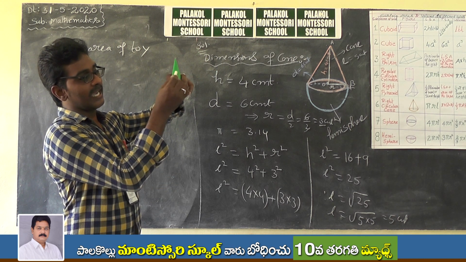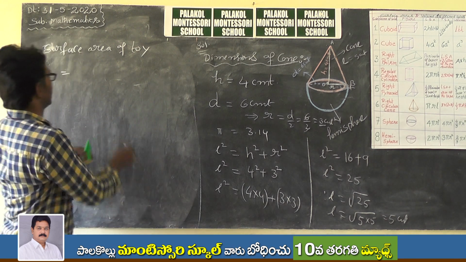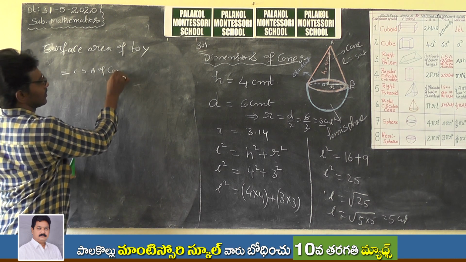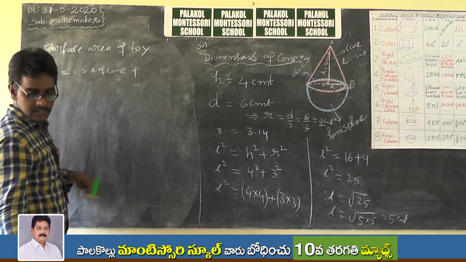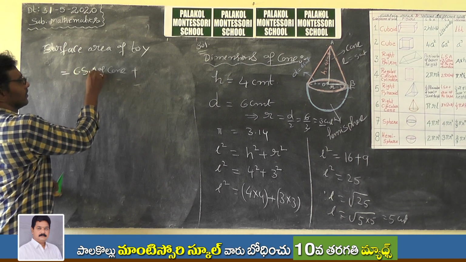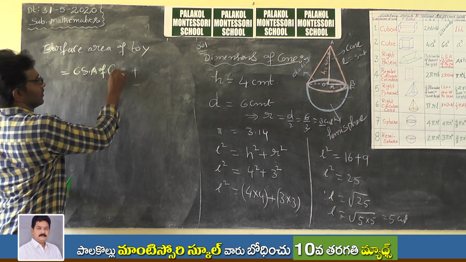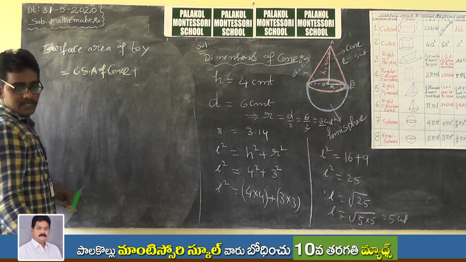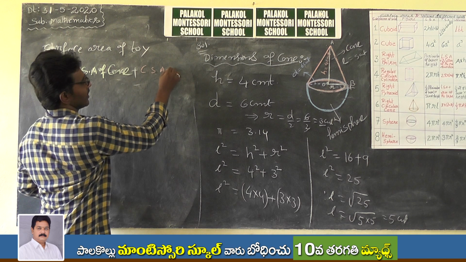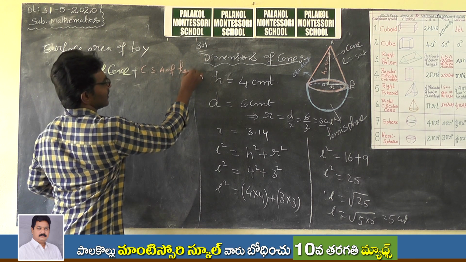That's why you take the lateral surface area of the cone plus the CSA of the hemisphere.